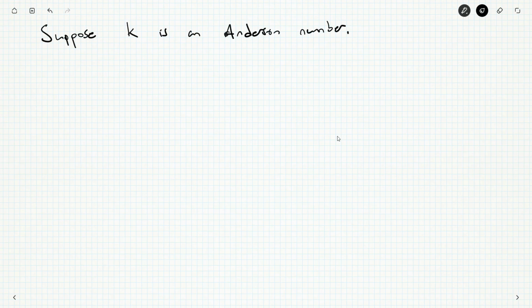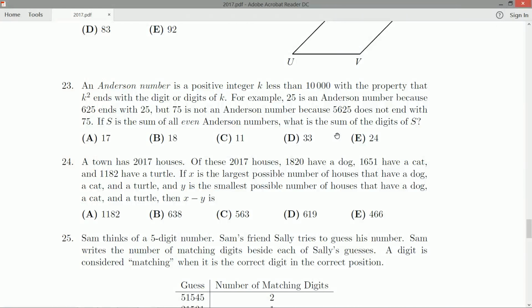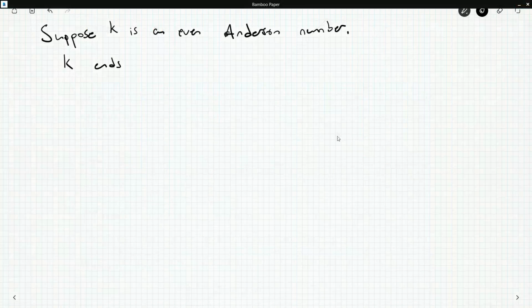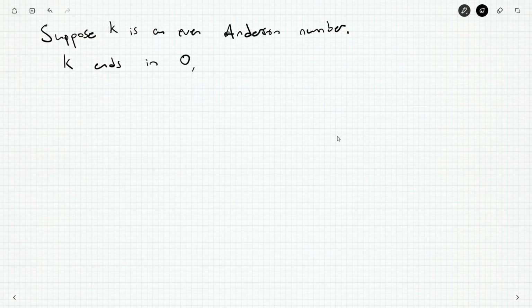We're actually talking about even Anderson numbers, and that gives us sort of a starting place. So suppose k is an even Anderson number. So k has to be positive, correct? Positive integer. So k ends in a 0, 2, 4, 6, or 8.